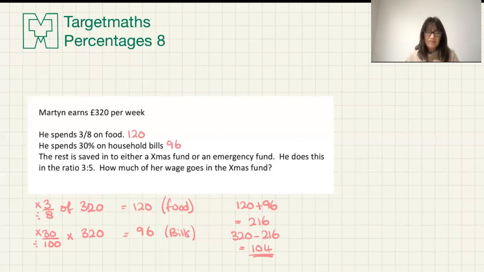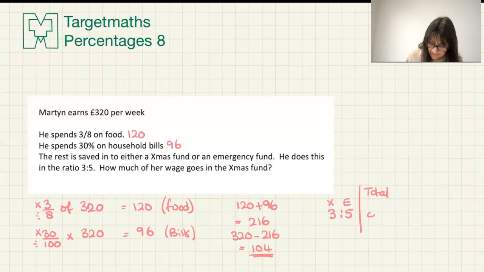And he does this in the ratio of 3 to 5. So I've got 3 to 5, and that's my Christmas fund to my emergency fund. I can't recommend that labeling enough. We've got to work out how much of his wage goes in the Christmas fund. So we've got a total of £104 that's getting saved. If we look at the ratio, we've got a total of 8.